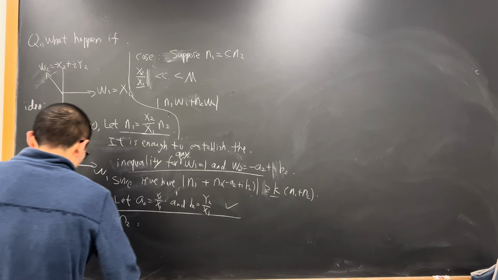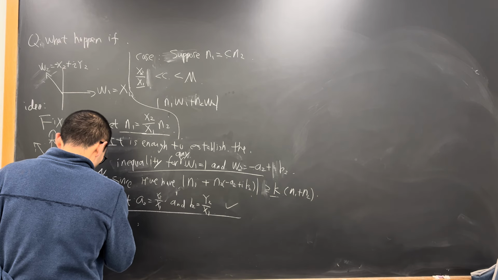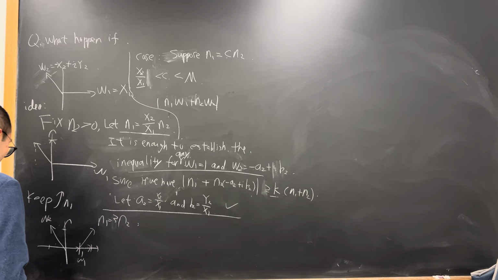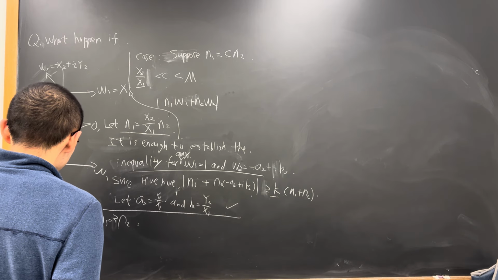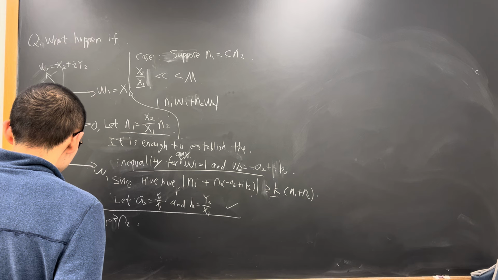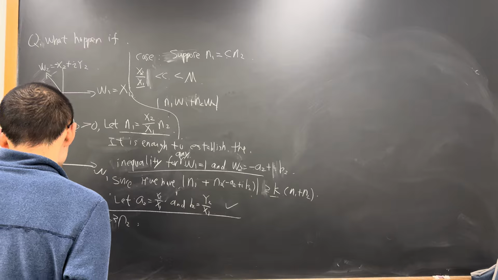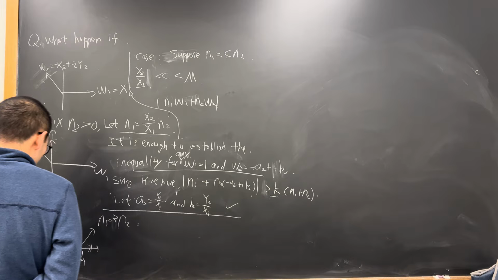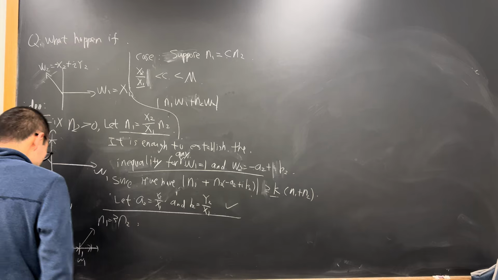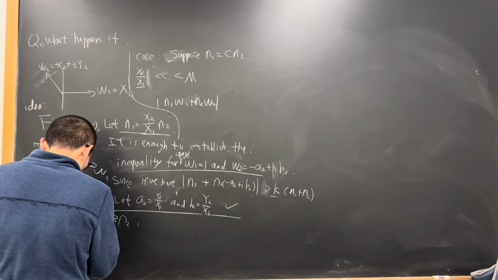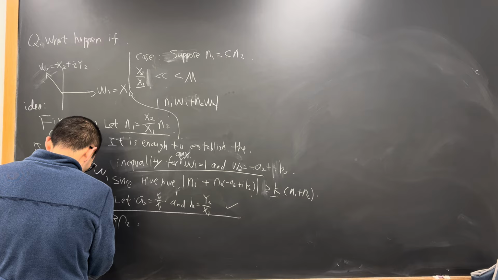I think it's n1 equal to 3n2, right? Wait, why is that? Why is it 3? Because 1, 2, 3.